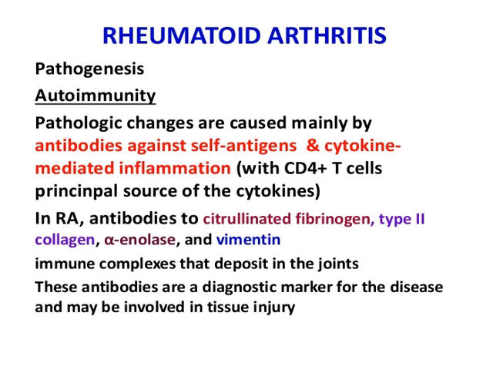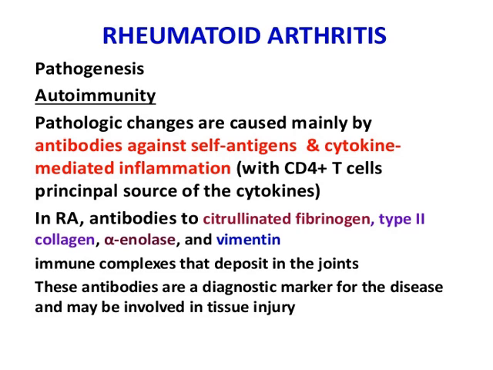Now in pathology, changes are caused mainly by antibodies against self-antigens and cytokine-mediated inflammation. As I have told, the autoantibodies develop and different types of cytokines are produced with the help of CD4 T cells. This is the principal source of the cytokines and causes different inflammatory reactions in different parts of the body.